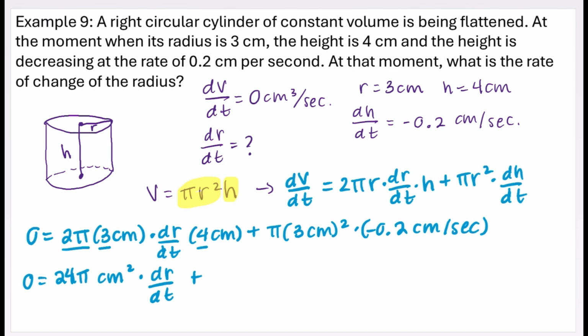So 9 times 0.2, just double checking my math, is 1.8. So I'm going to have negative 1.8 pi centimeters cubed per second. Okay, so I put everything together so far.